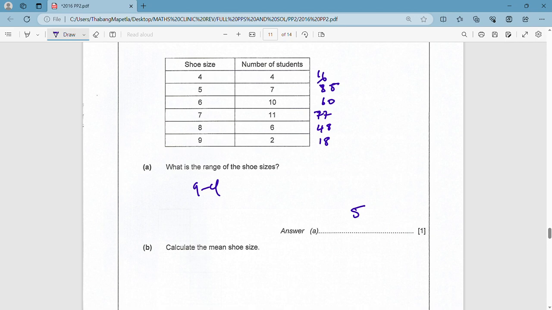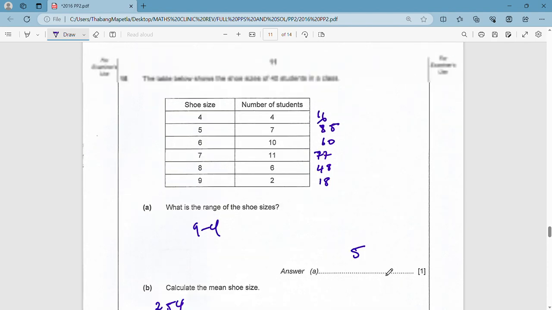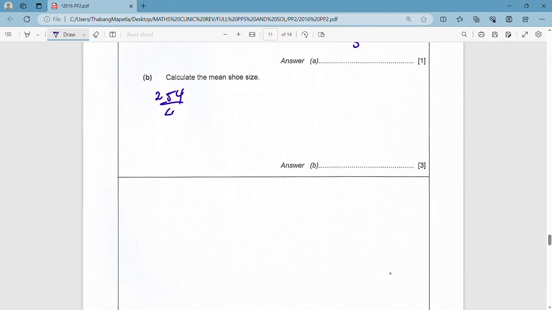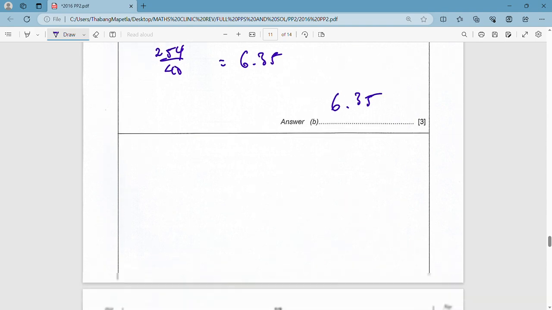So it's going to be 254 divided by the number of students. So they are 40. Divided by 40. So it's 6.35. So I guess it is fine.